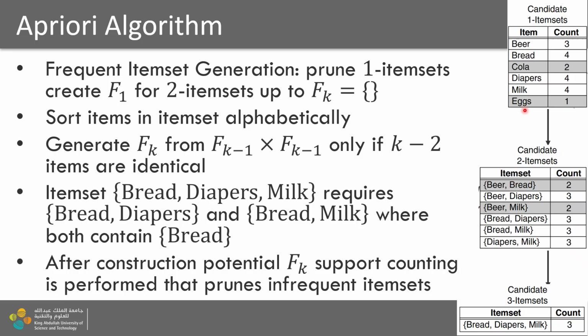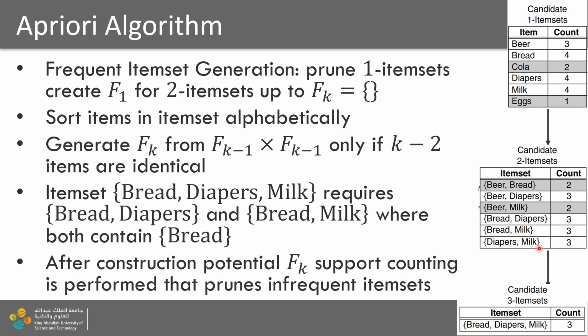Beer and diapers are 3, so 3/5, that's fine. Beer and milk is only 2, so this doesn't pass the threshold because it's only 2/5. Then we have bread and diapers, which passes the bar. Bread and milk also barely passes the bar, and also diapers and milk pass the bar.